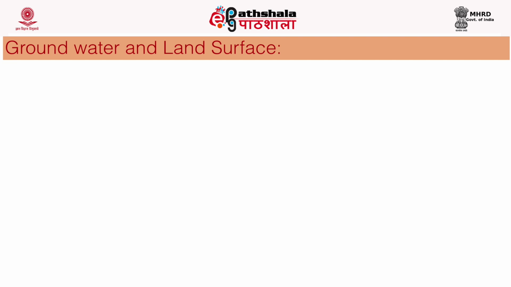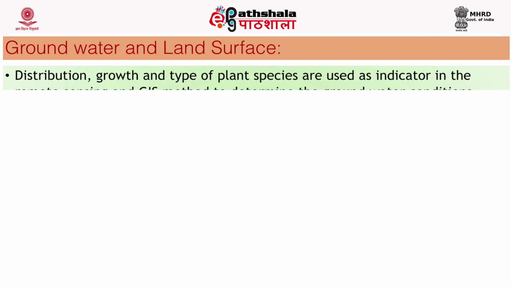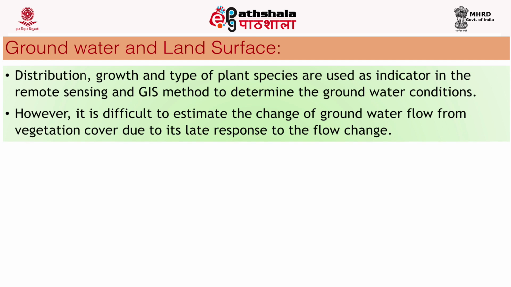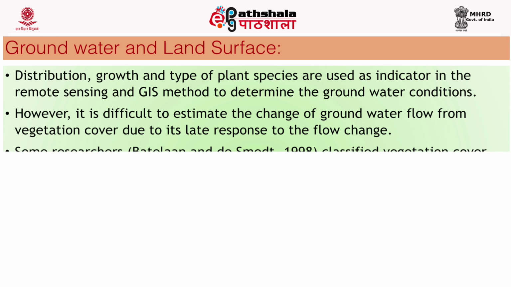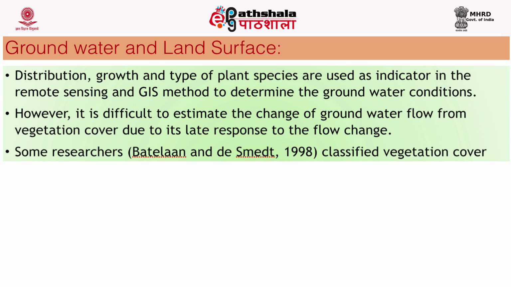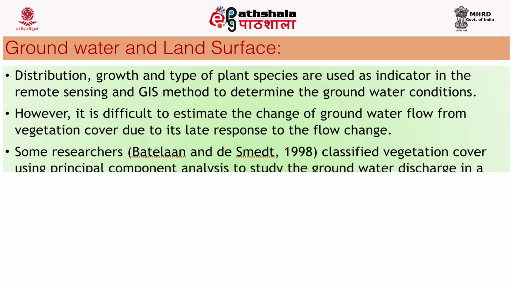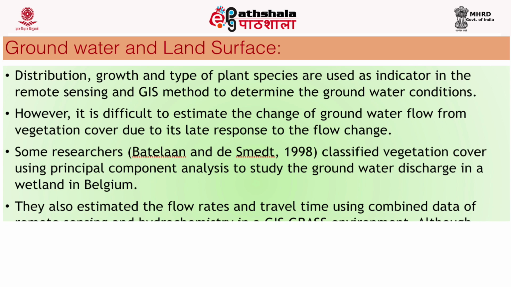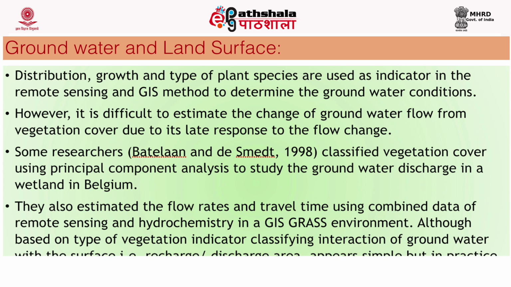Groundwater and land surface, continued. Distribution, growth and type of plant species are used as an indicator in the remote sensing and GIS method to determine the groundwater conditions. However, it is difficult to estimate the change of groundwater flow from vegetation cover due to its late response to the flow change. Some researchers classified vegetation cover using principal component analysis to study the groundwater discharge in wetland.